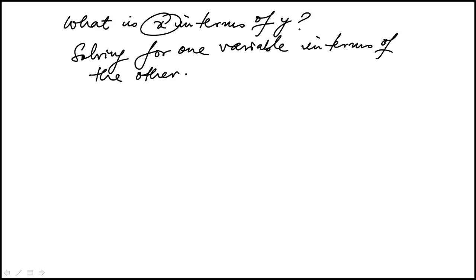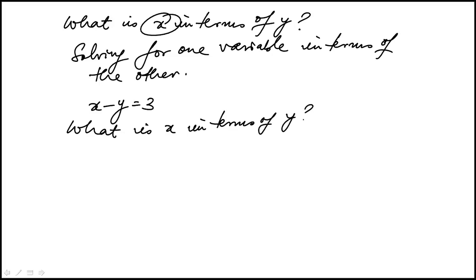So a simple example of that would be if you're given, say, x minus y is 3, and the question is, what is x in terms of y? And here we just isolate x, and we get x is equal to y plus 3. So this expression represents x in terms of y.